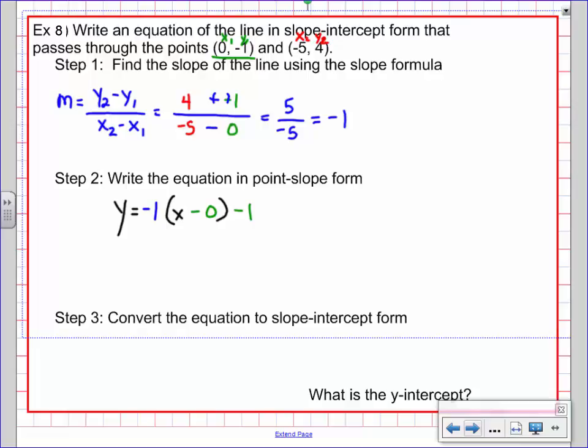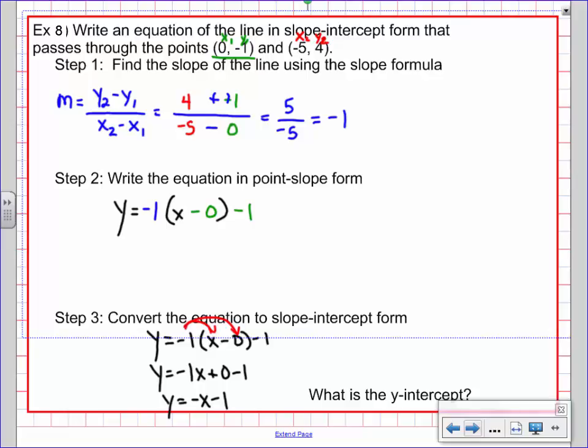So if I were to distribute through, y equals negative 1 times x minus 0 minus 1, well, that's pretty easy because I get y equals negative 1x. Well, negative 1 times 0 is 0 minus 1, so my answer is y equals negative x minus 1.